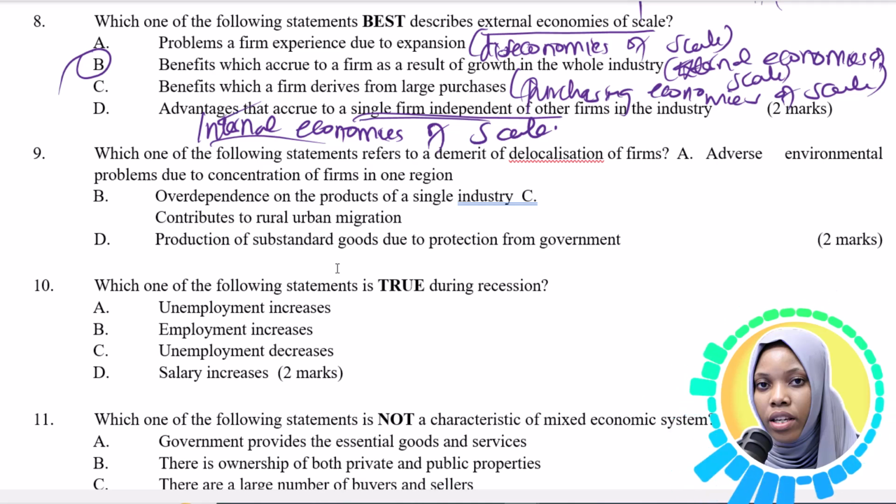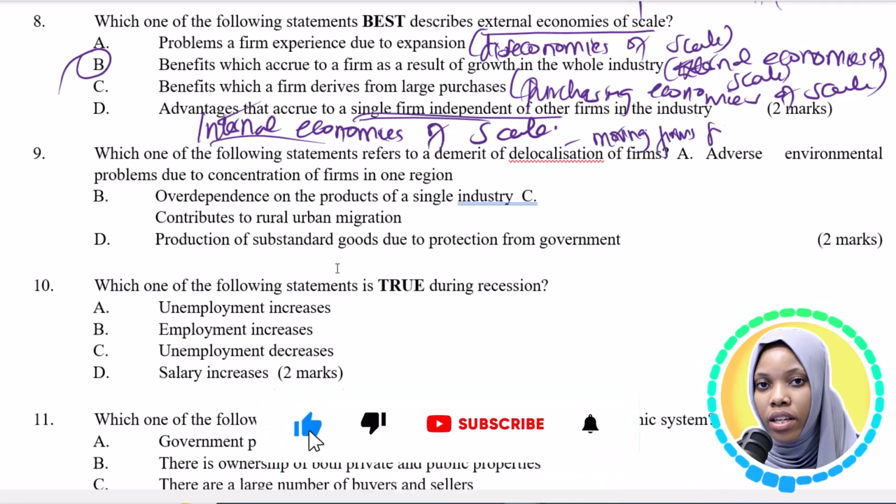So we move to question number 9, which reads, which one of the following statements refers to a demerit of delocalization of firms? Delocalization of firms means moving firms from rural to urban centers.